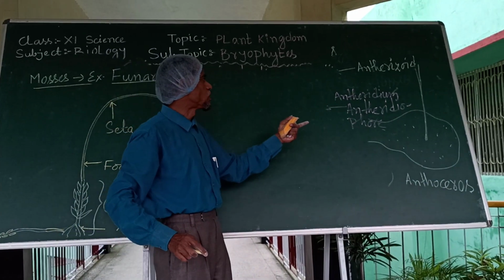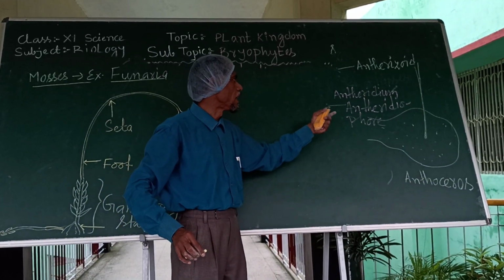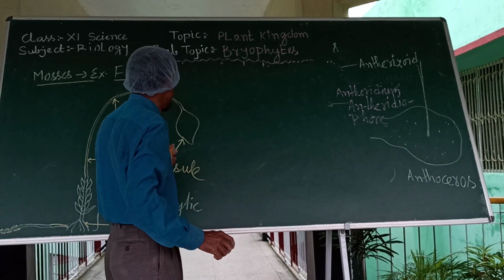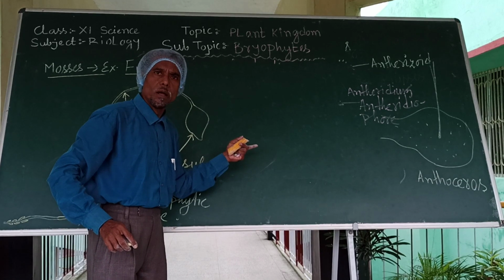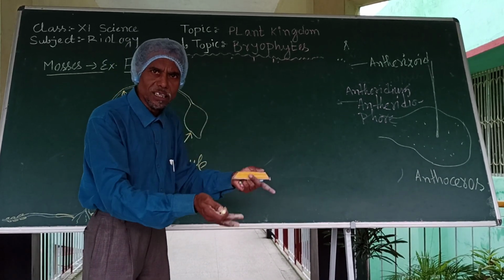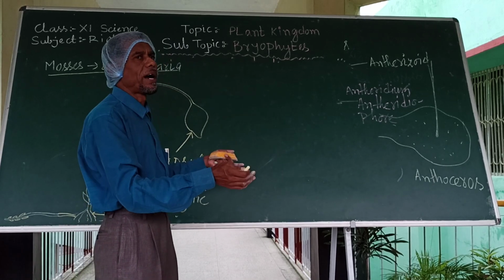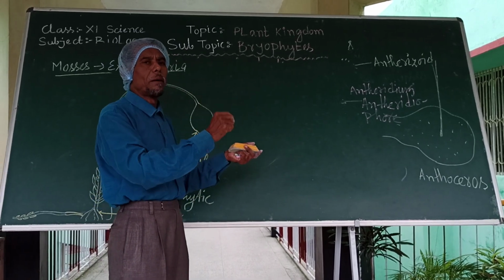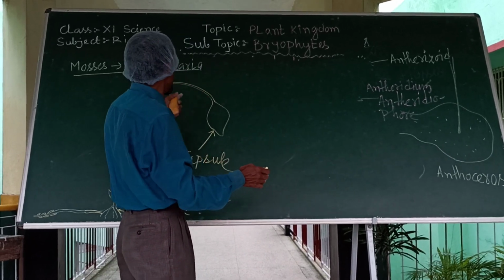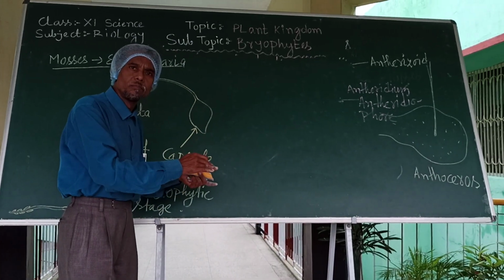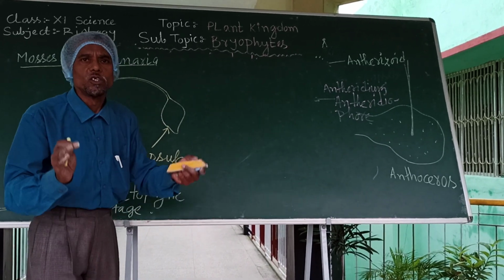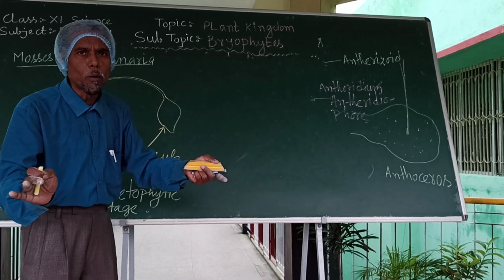The male structure, antheridium, grows over the antheridiophore, and they produce male gamete and female gamete, which are released in the water body, where the male gamete, the antherozoid, fuses with the egg, and a diploid zygote is formed.